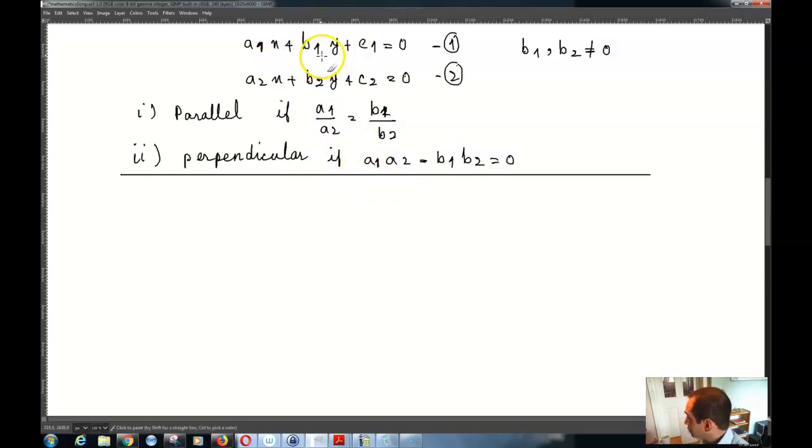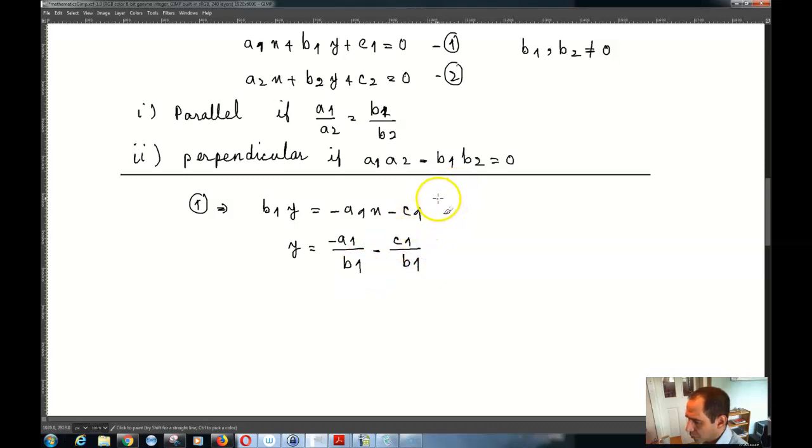Basically this line over here, I can write it as b1 times y is equal to negative a1 times x minus c1, and then y is equal to negative a1 over b1 x minus c1 over b1.